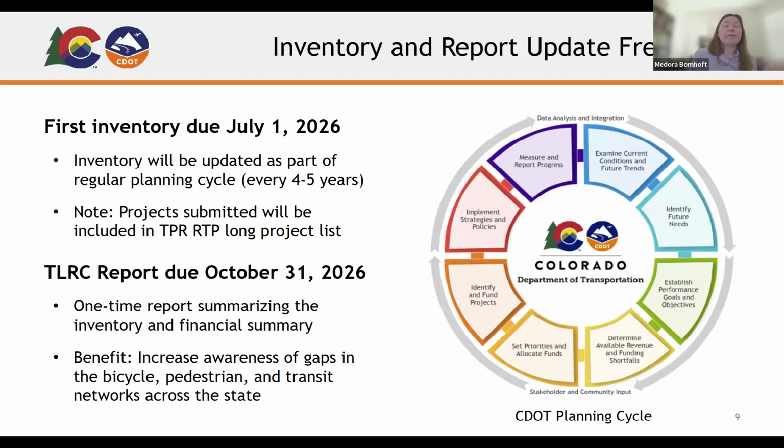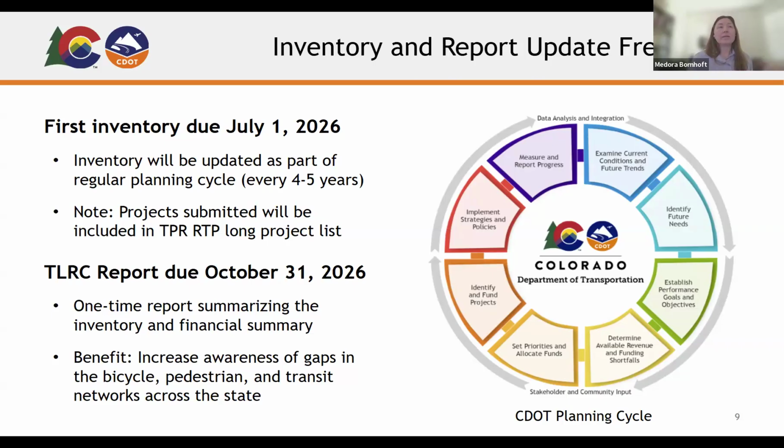So briefly about the update frequency for this inventory. I've mentioned that July 1st is the deadline, so the statute's very clear. We need to complete this inventory for the first time by July 1st. But going forward, the inventory gets wrapped into the planning process, both for CDOT and for MPOs.